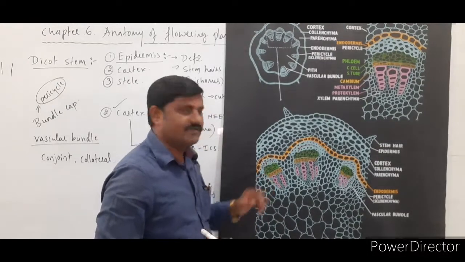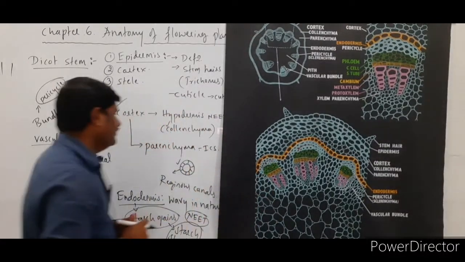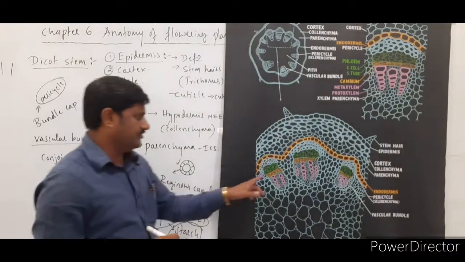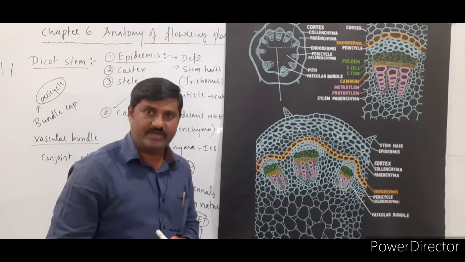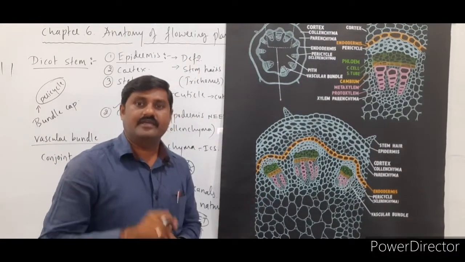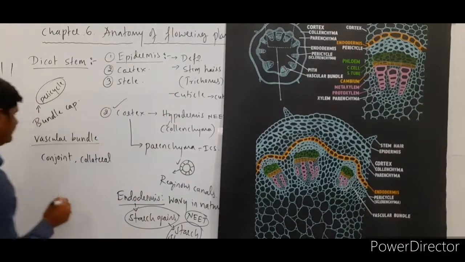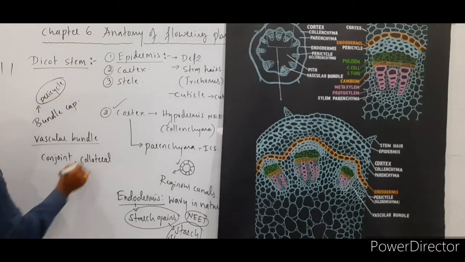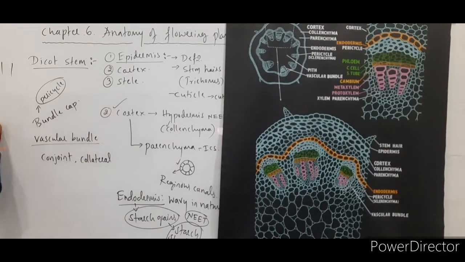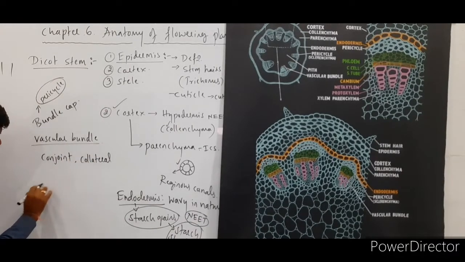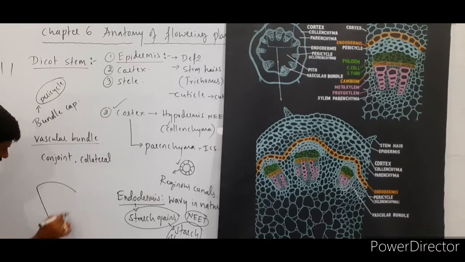What is present between the vascular tissues, that is xylem as well as phloem? It is called intravascular cambium. See here, this is one vascular bundle.